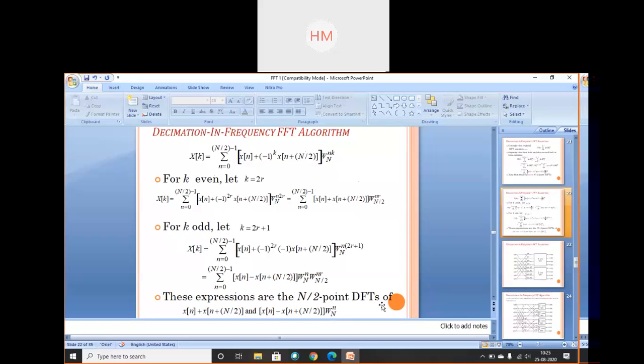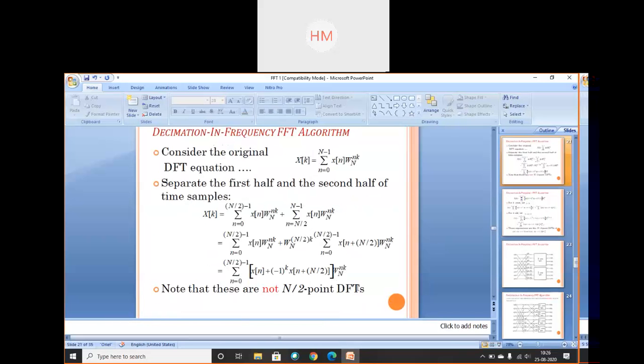These expressions are the N by 2 point DFTs. The previous equation was not an N by 2 DFT, that was the total DFT. Here we have split it for even and odd. So we got here N by 2 point DFTs. So these are the two equations for even and odd: x of n plus x of n plus N by 2, and x of n minus x of n plus N by 2.